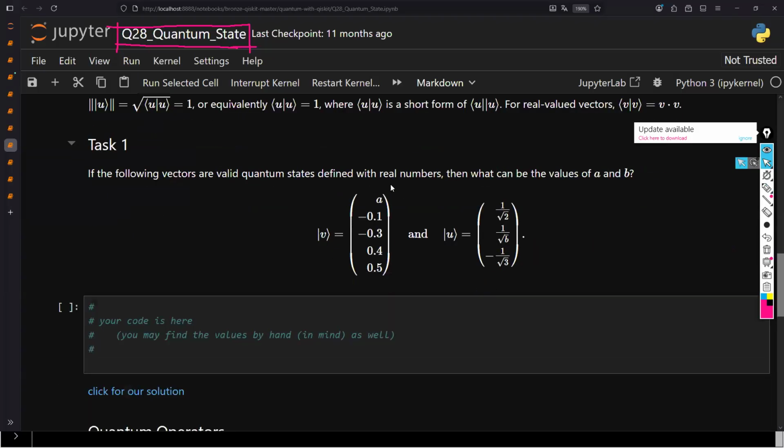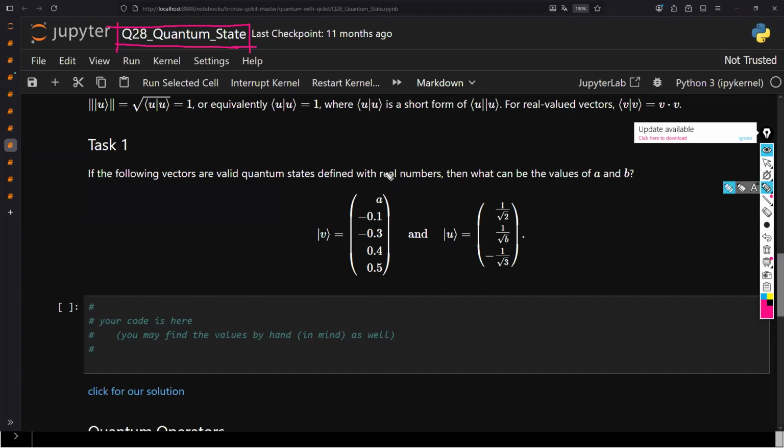Here, for example, we have a quantum state that has 5 entries, and I would like you to calculate whether it is correct or not.